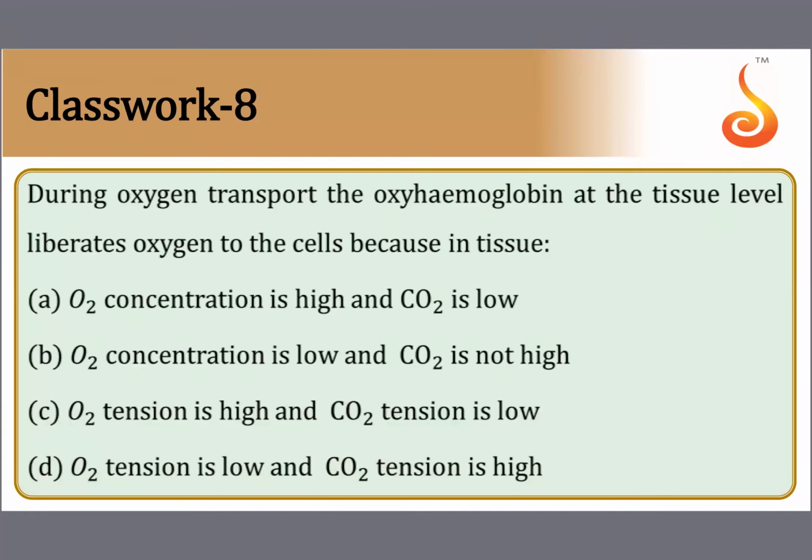During oxygen transport, the oxyhemoglobin at the tissue level liberates oxygen to the cells. So here you should understand the love-hate relationship between oxygen and hemoglobin. One molecule of hemoglobin can successfully combine with 4 molecules of oxygen. See this reaction? This is the forward reaction. This is the reverse backward reaction. It's a reversible process.